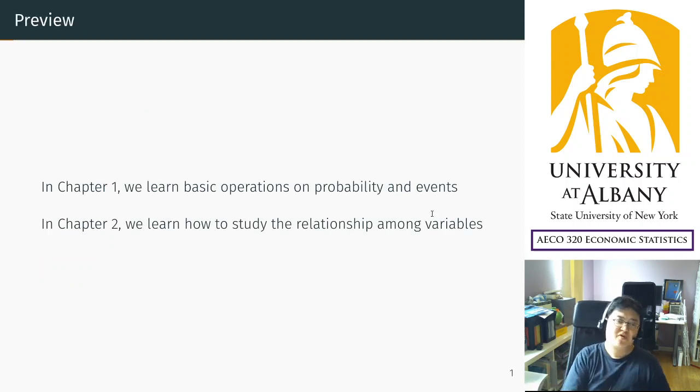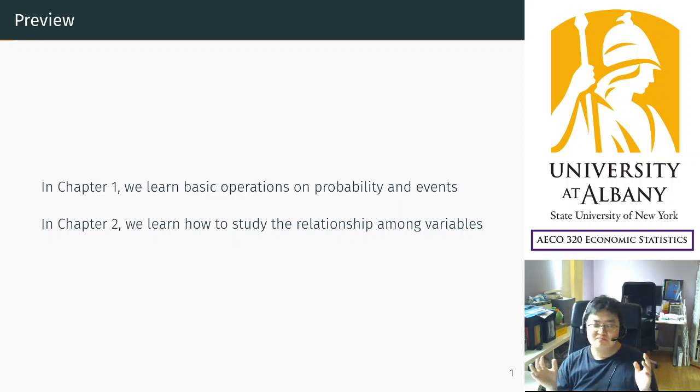In the previous chapter, we learned just the basics: how to define probability, how to define events, how to manipulate them, basic operations on them, and the basic rules, like the addition rule. That's pretty much it. They are important and basic, but frankly, there were not many new things, and you may be disappointed because it was too easy.